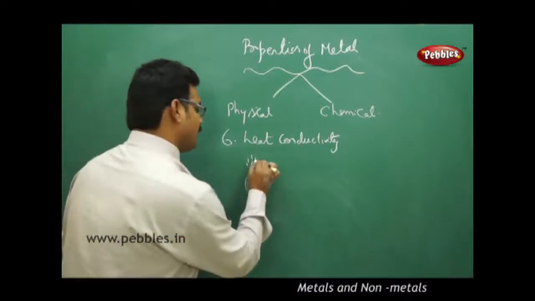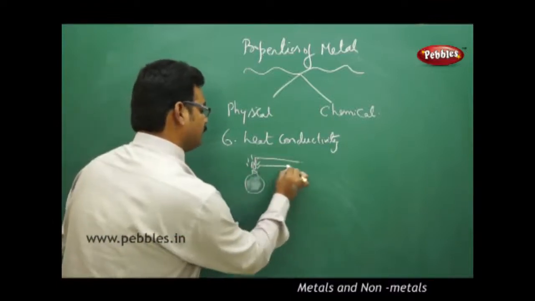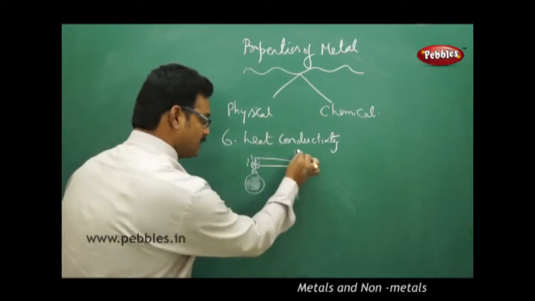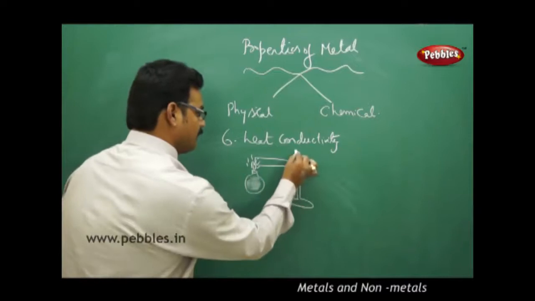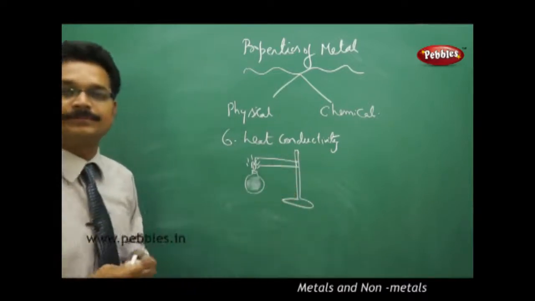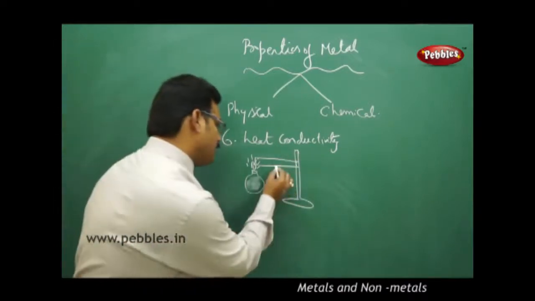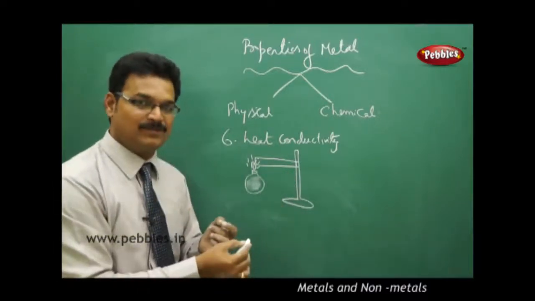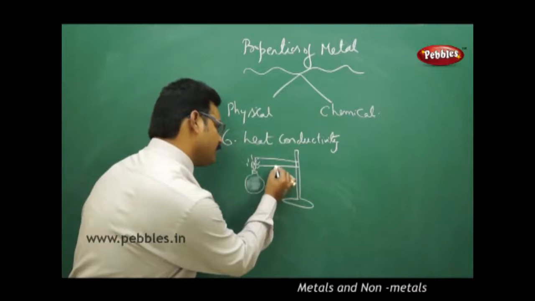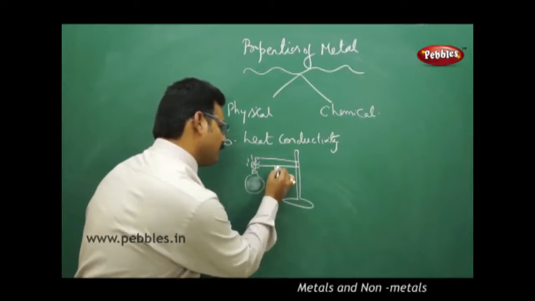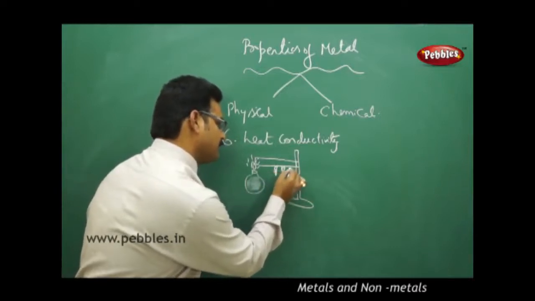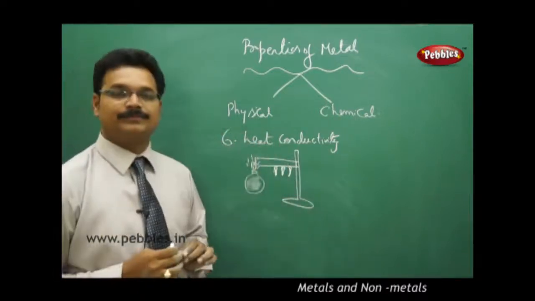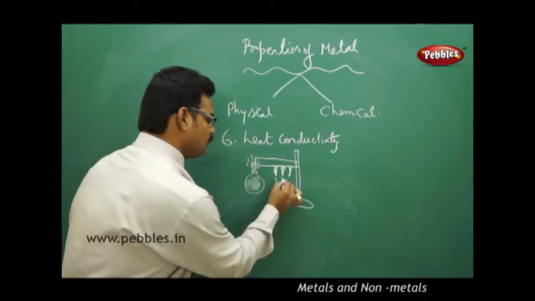Take an iron rod and attach the iron rod to a stand like this. Now keep small metallic pins, like L pins, small pins, using wax so that you can attach them. So pin 1, pin 2, pin 3.